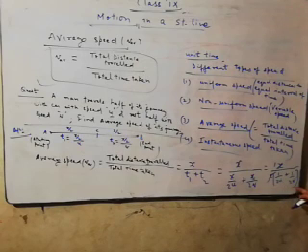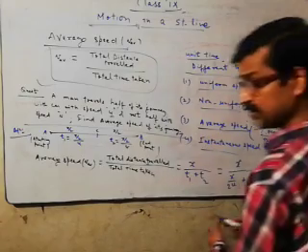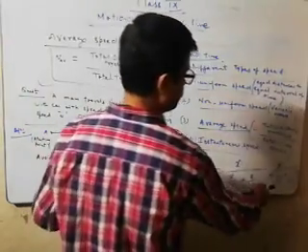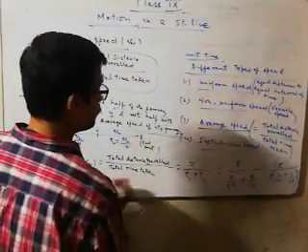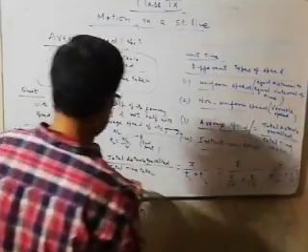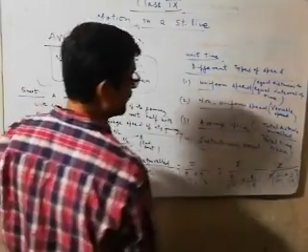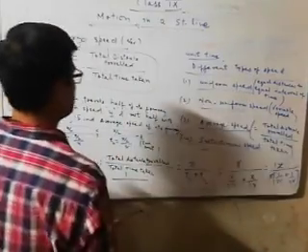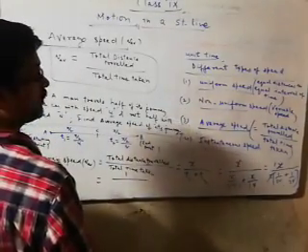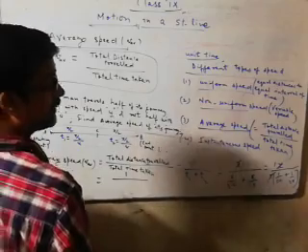So 2u plus 2v, we can take the LCM and get the answer. So 1 divided by 2u and 2v.